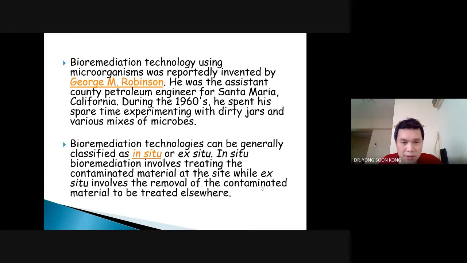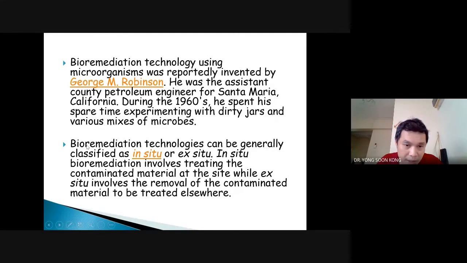But our point right here is we're trying to recognize the characteristics. For the purpose of this course, we are going to identify what is required, what are the characteristics of bioremediation, and how bioremediation is conducted. So the first point is not important. The second point is the important one, so I'm going to elaborate.